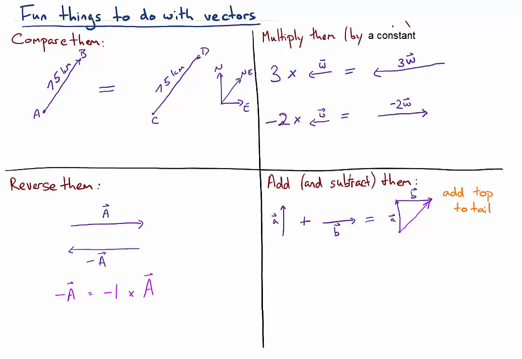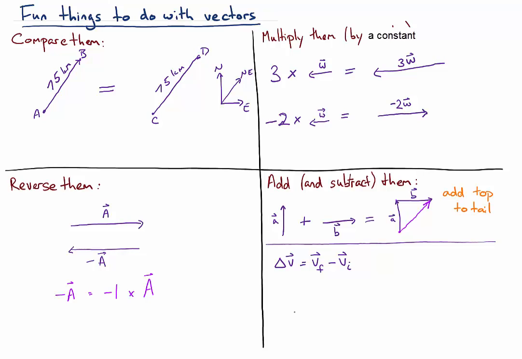But what if I want to subtract two vectors? What if I want to find my change in velocity? So I would have to say the final velocity minus the initial velocity. And remember that these are all vectors. Yeah, look at that. Even the change in velocity is a vector.